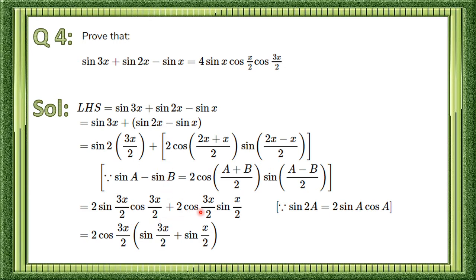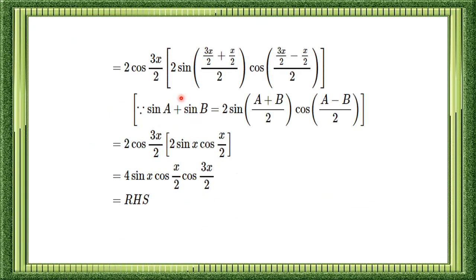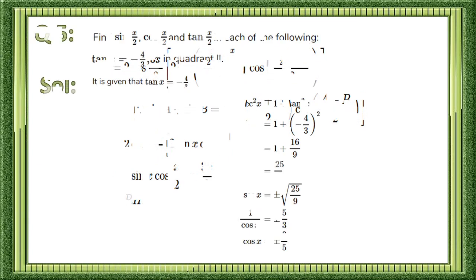And here 2 cos of (2x plus x) by 2, that is 3x by 2, and sin of (2x minus x) by 2, that is x by 2. 2 cos 3x by 2 is common overall, and inside the bracket again we are getting the format sin A plus sin B. Again apply this property inside the bracket, then open it and solve it, and this is the answer, which is equal to the right hand side.